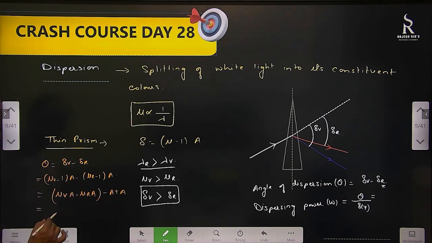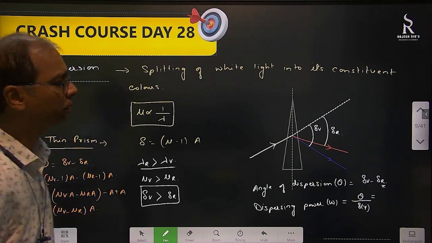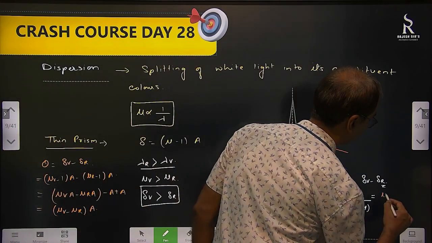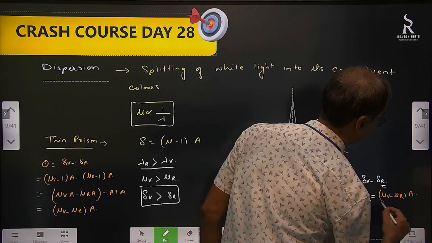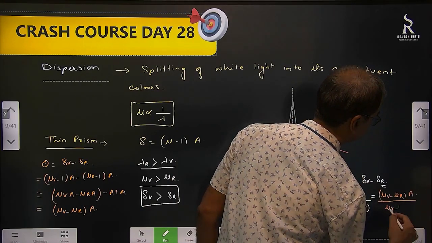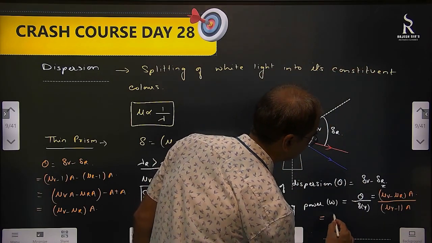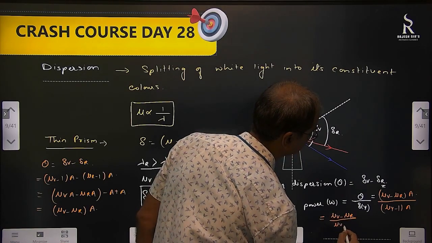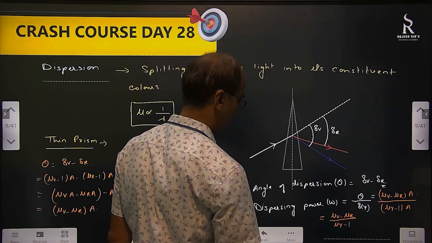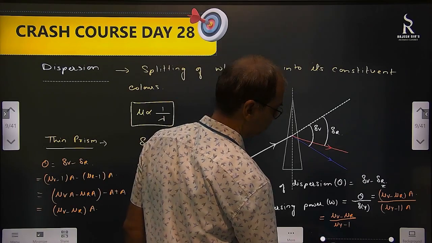Here we get mu v minus mu r into A. That is the theta value, so you place it over there. And what is delta y? Mu y minus 1 into A. So A gets cancelled, and we get the dispersive power as mu v minus mu r by mu y minus 1.